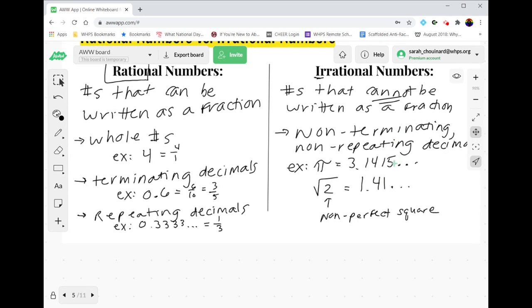It should be noted that the square root of 100 would be considered rational because it's just 10. If you know the square root, it's rational. If it's not a perfect square, it's irrational.